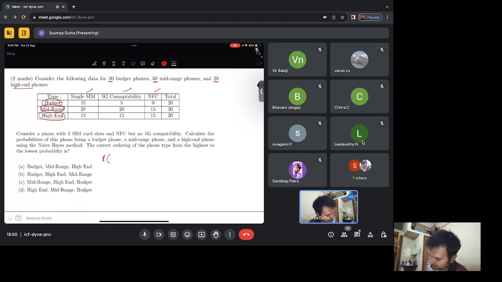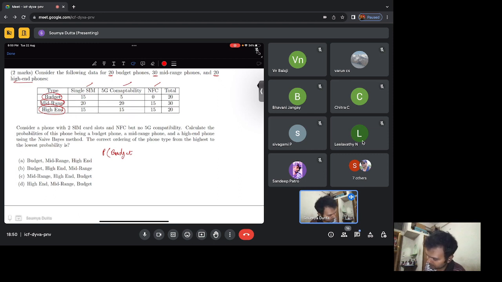So the output that you need to get is the probability of the phone being budget, given that it has 2 SIM card slots, it has NFC and it has no 5G.